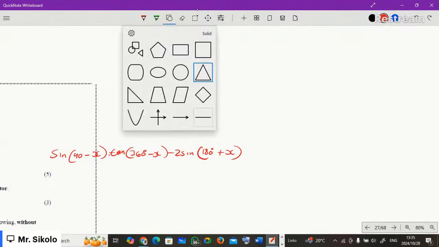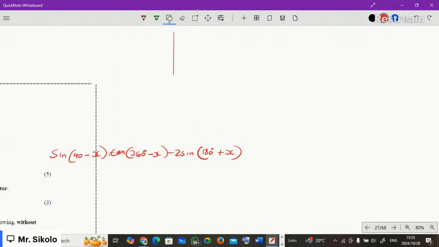So in reduction formulas, we have the first quadrant, remember, this is the second quadrant, this is our third quadrant, and this is our fourth quadrant. We know our reduction formula for the first quadrant. We have theta here, any angle.